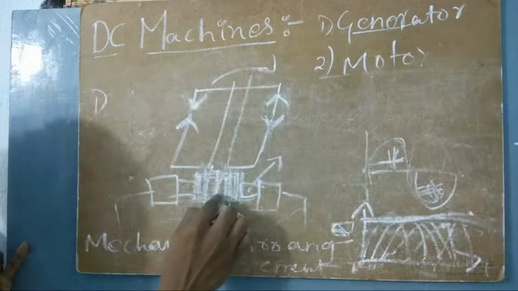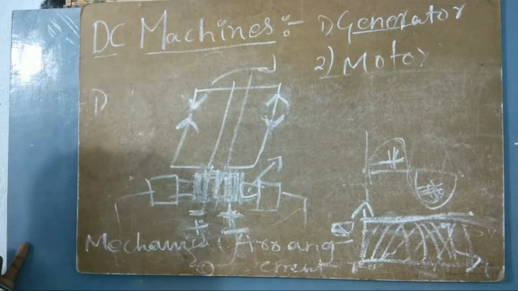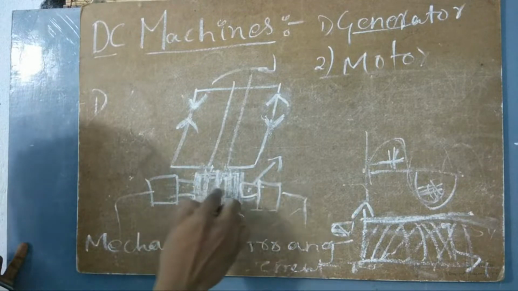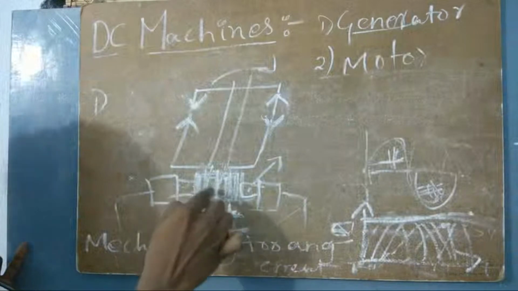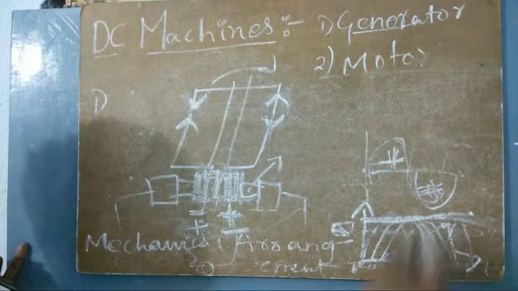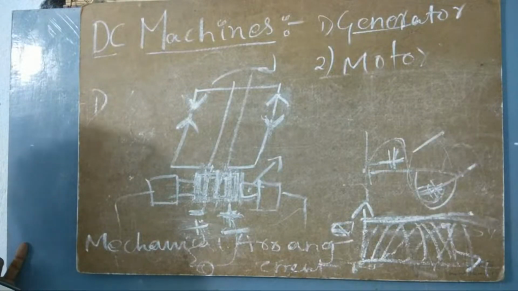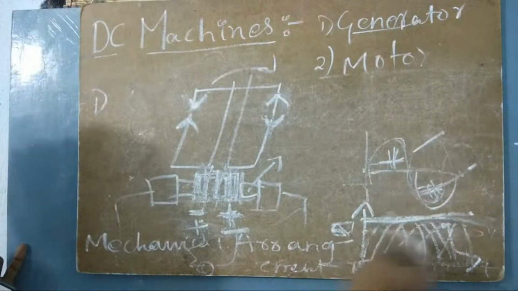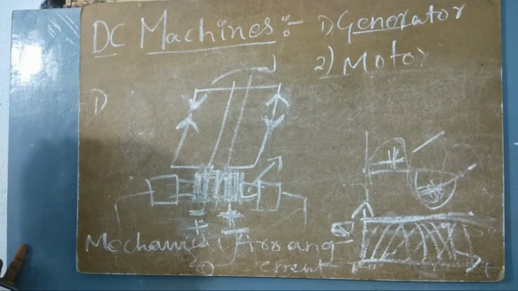This commutator is only for that reason. So we will have the significance of this commutator also, because it is constructed in that way. If this commutator is not there, we will be collecting both positive and negative cycles, and so we will not be having any kind of DC components over there. We will definitely have only AC components which are alternating in nature. Understanding?